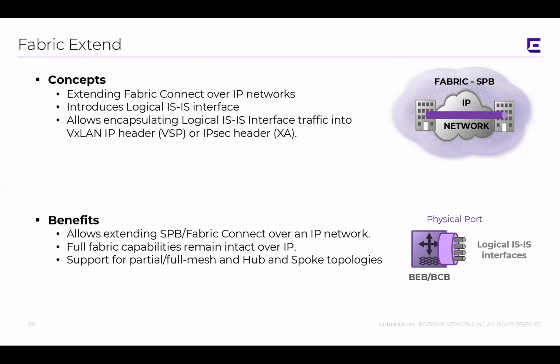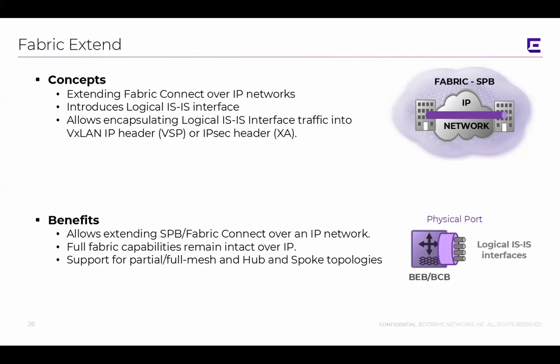Fabric Extend is about how to connect different places, so different, I don't know, branch offices, maybe your home, as in my case. In this case, I will show you how I will connect my home to the Fabric in Warsaw, in the lab which is located in Warsaw. But back to the Fabric Extend itself.